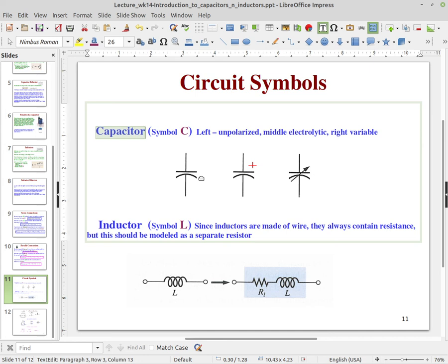The inductor's symbol is L. Remember, the units are henries, H, but the symbol is L. Inductors are made up of wire, so they always also contain some resistance. If you're worried about the resistance inside the inductor, which you normally do have to take into account, remember that that resistance is actually in series, because the inductor is just a big long wire.